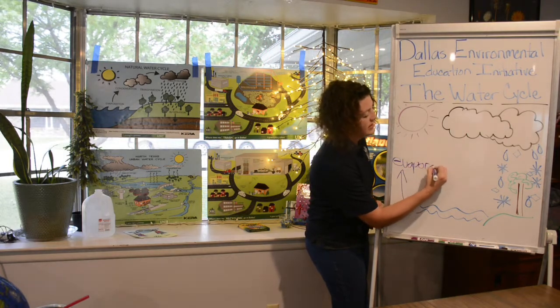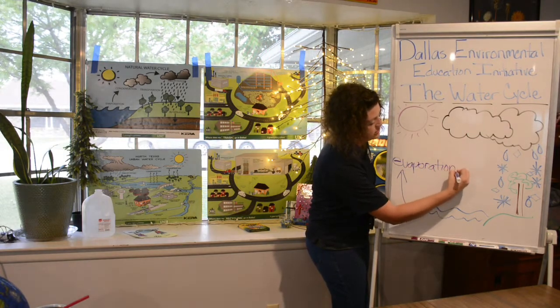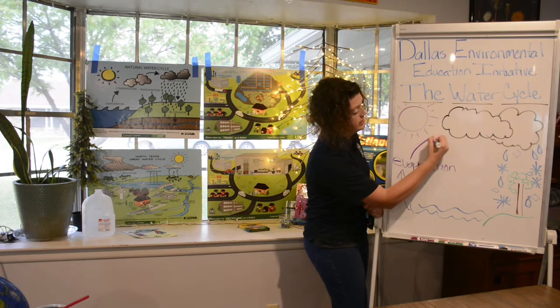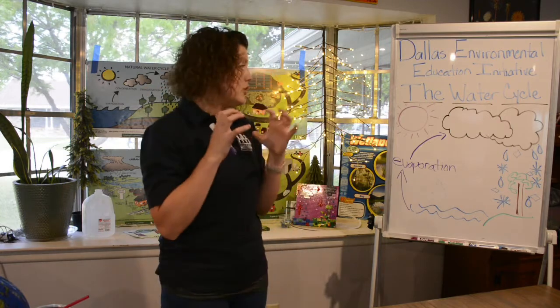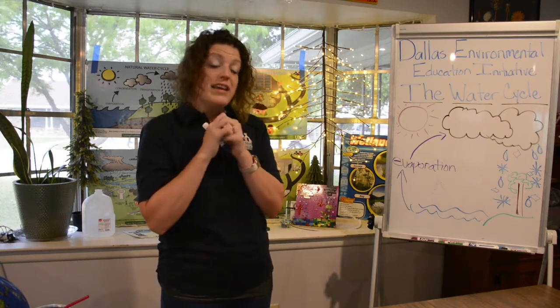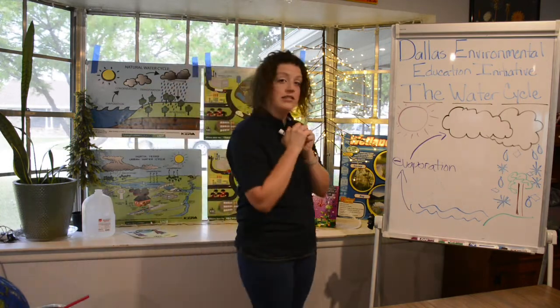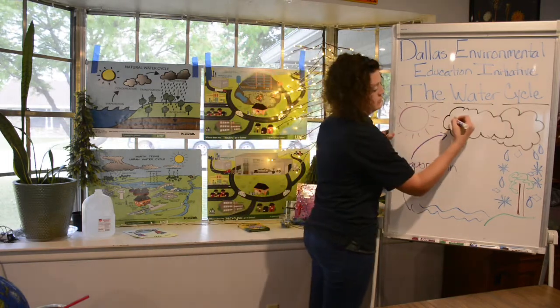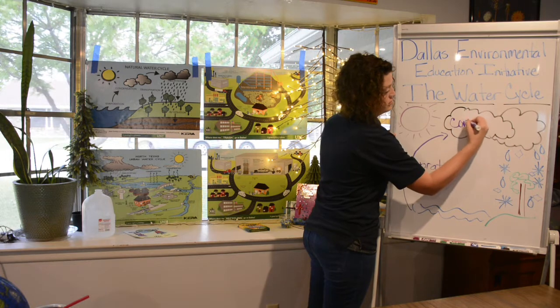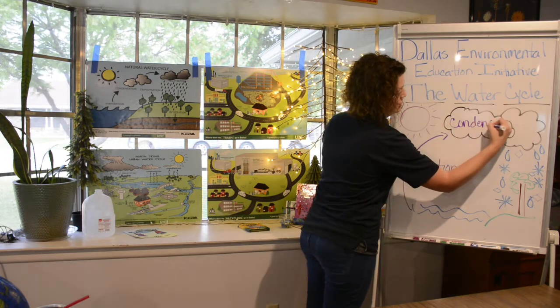When it turns into gas and moves up to the sky, it keeps going and going. And when it gets up high enough, it cools down and all those water droplets, all those pieces come together and they condense. We have condensation. That's where we get our clouds. So we have evaporation, comes up here. We have condensation.